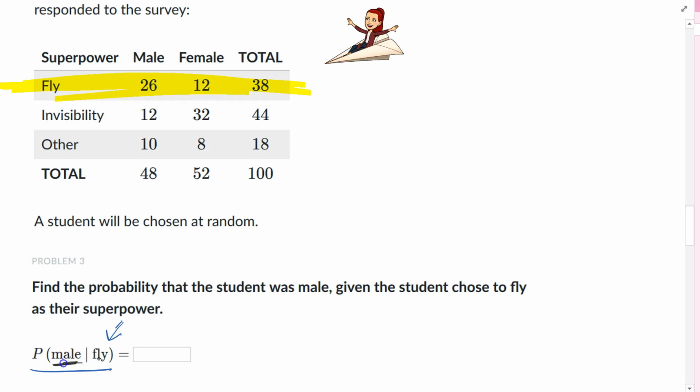So we want to know how many males chose flying. So I have 26 males that chose flying over the total number of people that chose flying, which would give us 13 over 19, or approximately 0.68, 68%.